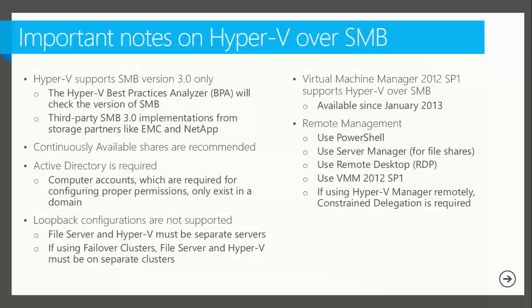Okay? Loopback configurations are not supported. That's a fun one. So if you have a Hyper-V host, you can make the Hyper-V host also a file server. And then you can try to actually store the thing through the UNC path on the same machine. Don't. If you are on the same machine, just use the local path, not the UNC path.